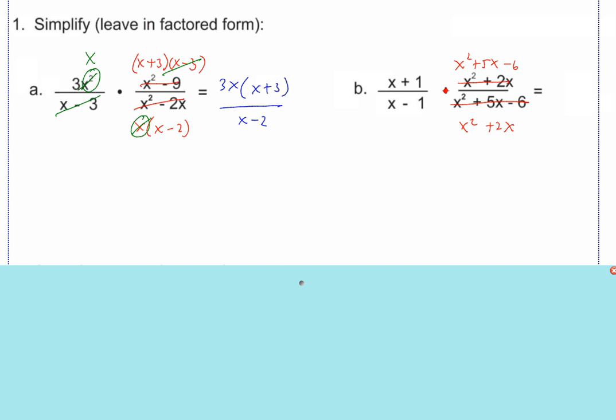And then again, it's factoring, right? The left fraction's already factored, so I got to do the right. So this is trial and error. It's a trinomial. Front's got to be x and x. And we're going to try not to give you really hard things to factor, because, you know, then it's just a time thing again.